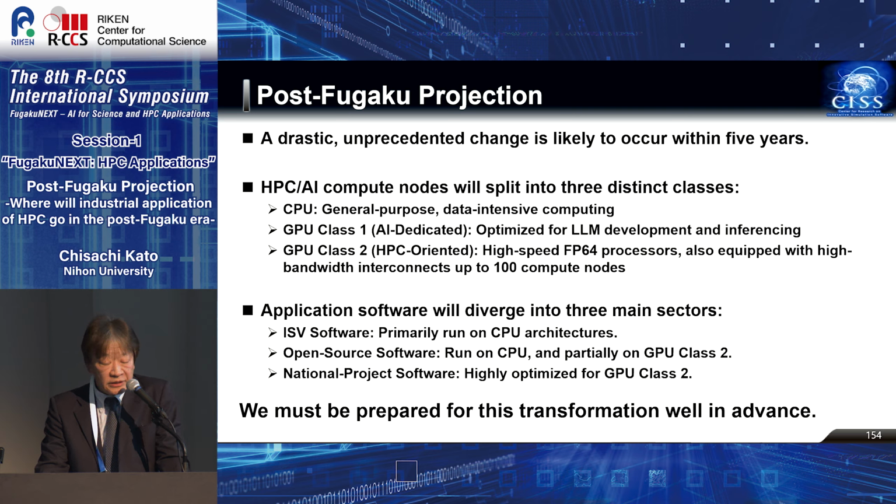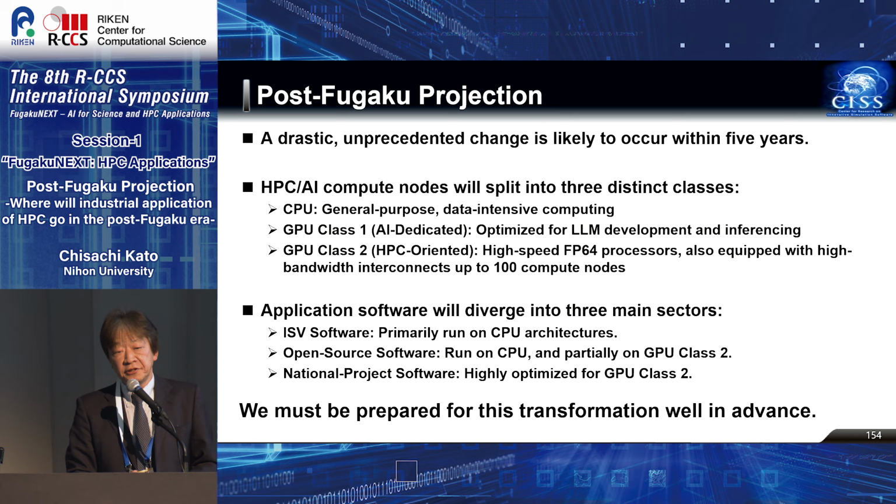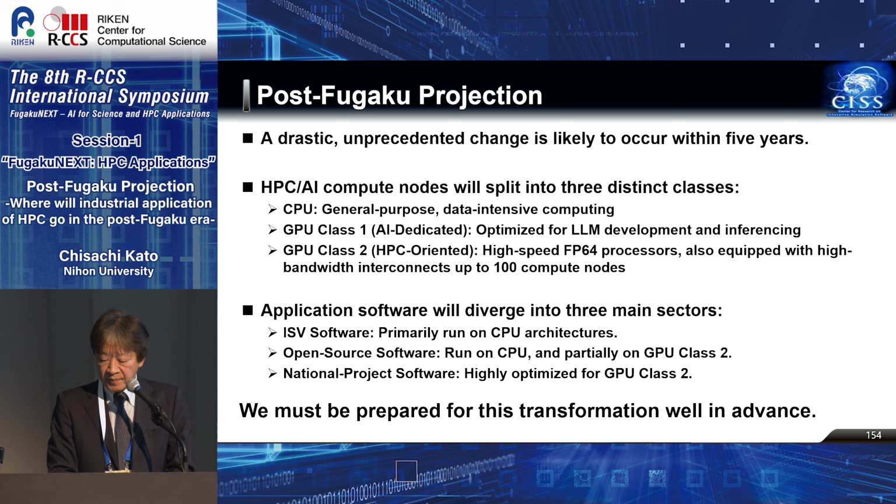The national project software is tuned, or we have to tune it, for the GPU. So anyway, we have to be prepared for this transition or transformation well in advance, because FugakuNEXT is expected to start its service within 5 years. We only have 4 or 5 years to go.